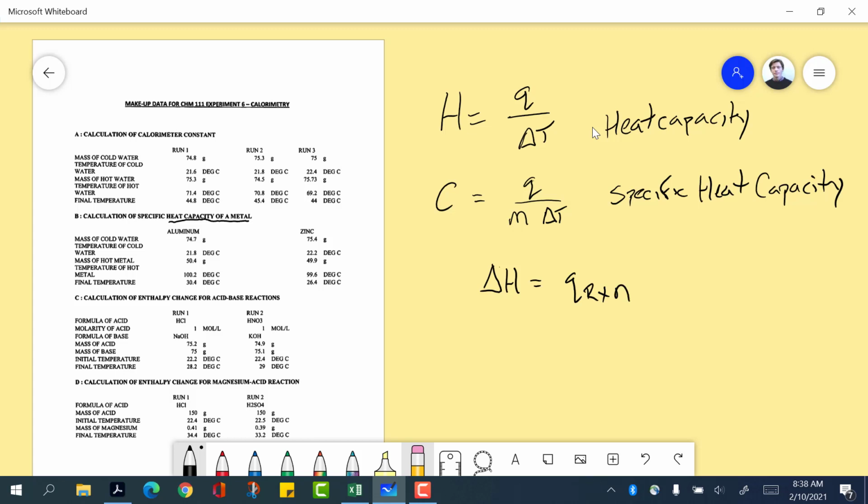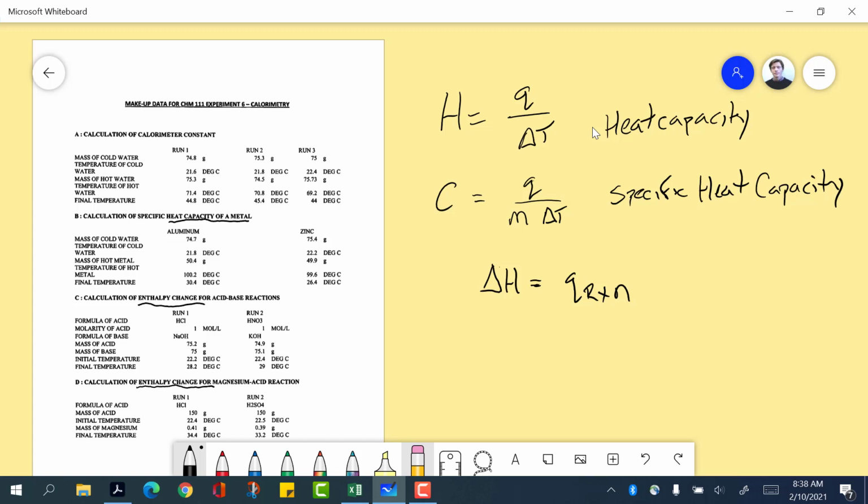So Q represents heat, and enthalpy is going to be the heat of the reaction, and that's the other thing we're going to calculate today for two reactions. We're going to calculate the change in enthalpy for an acid-base reaction, and for a metal acid reaction.